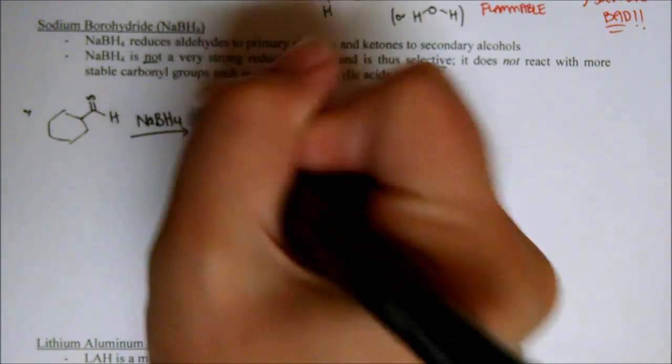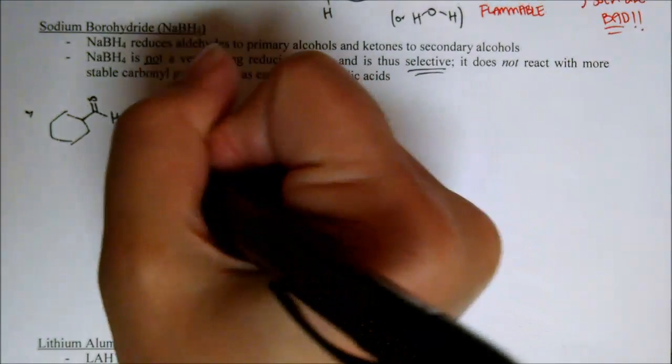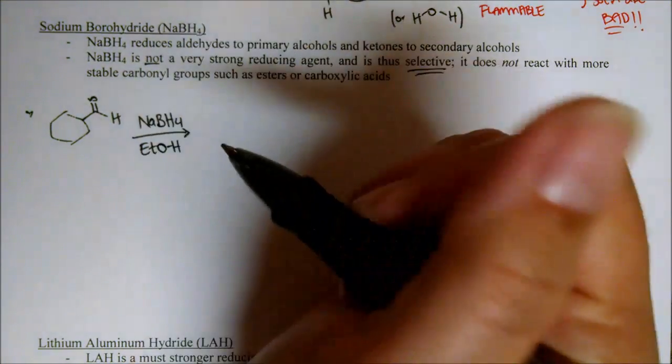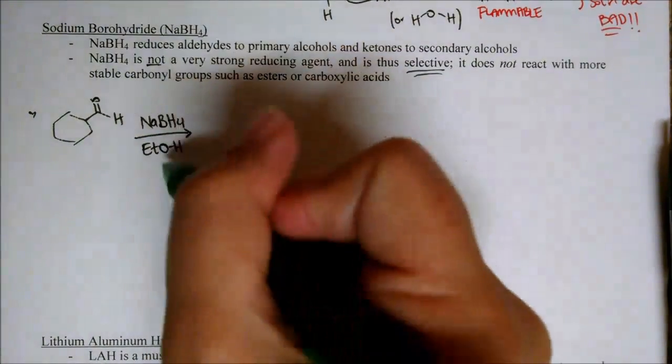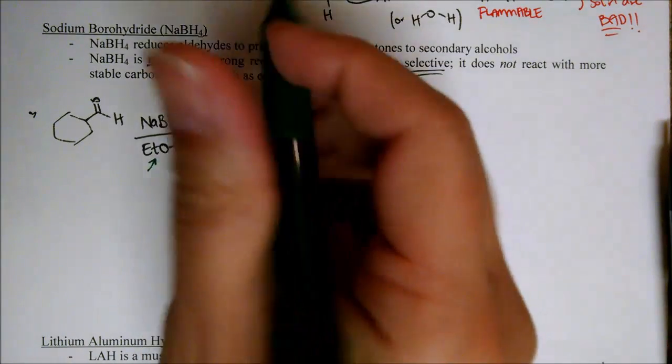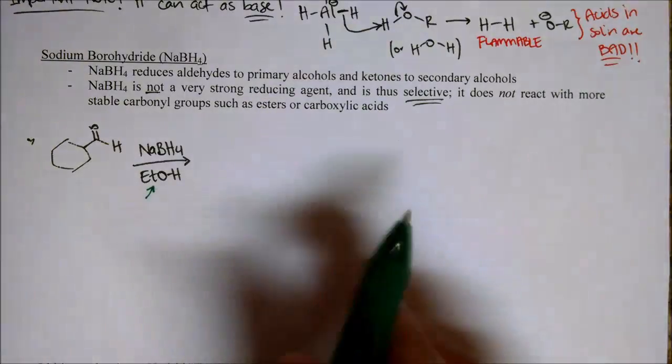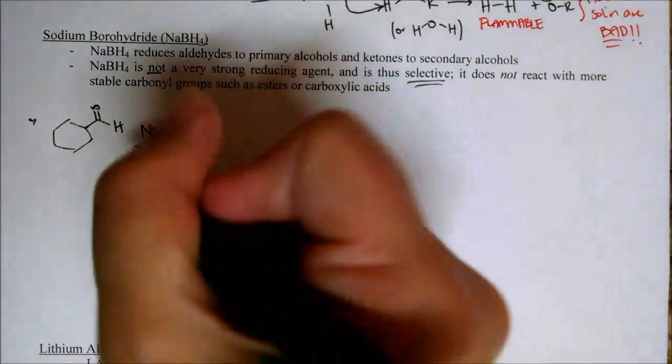NaBH4. The most common solvent for NaBH4 is ethanol. I know that's an alcohol, but the solubility is good, and NaBH4 is not as reactive as the aluminum, so this will not take place as quickly, and it's not as scary.